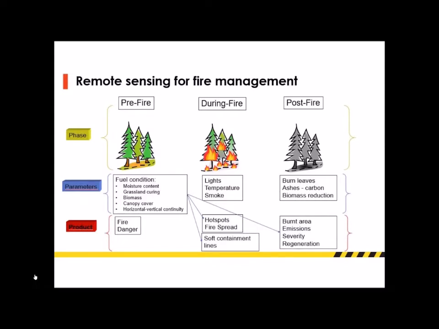But also remote sensing data on fuel condition has been used to, for example, identify soft containment lines based on differences in fuel moisture content. Finally, remote sensing data also provides important information to analyze the fire effects and vegetation recovery after the fire. This information supports remediation activities, as we will see later.